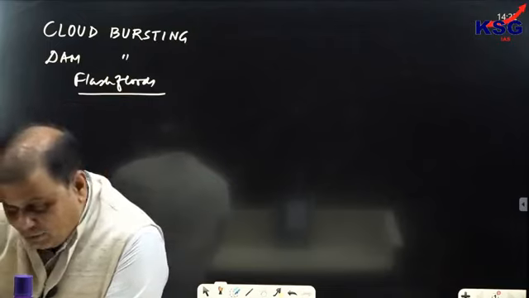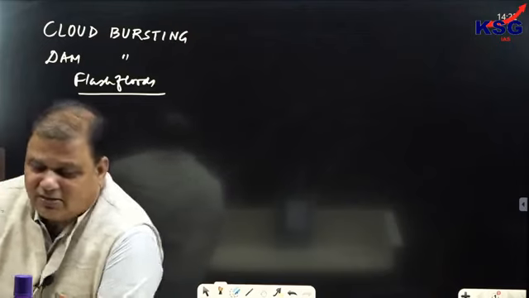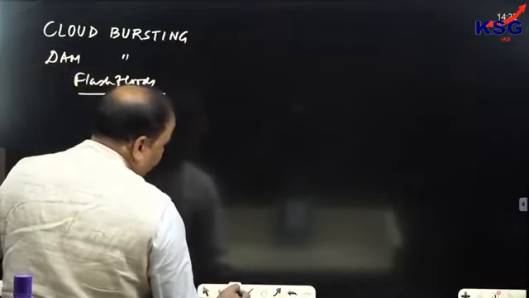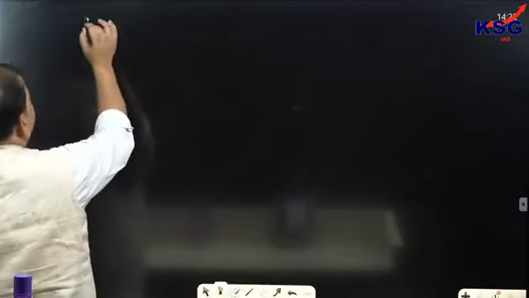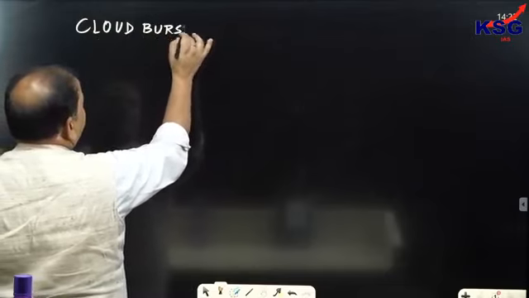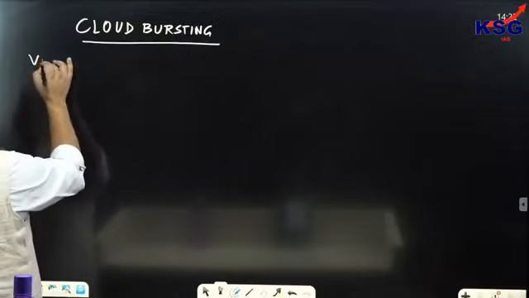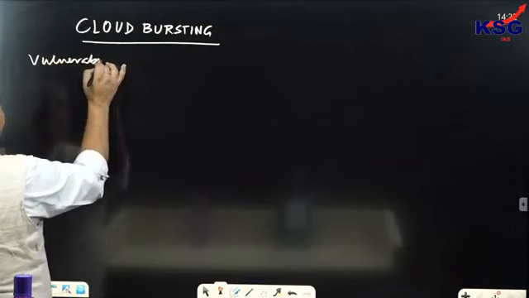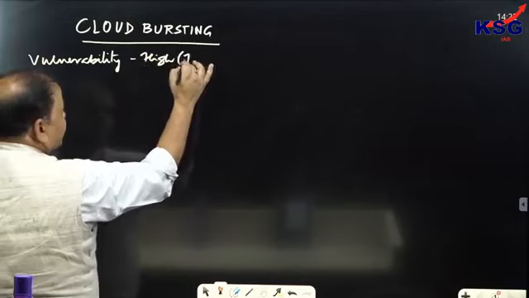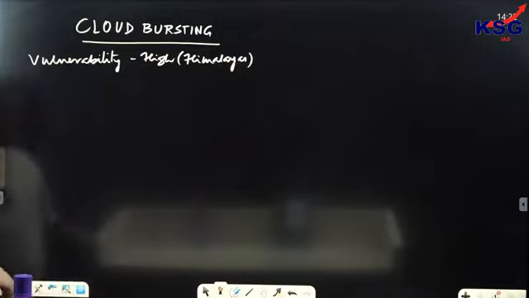Now, as far as cloud bursting is concerned, the most vulnerable area is the Himalayas. Clear? If we talk about cloud bursting, we can see that the vulnerability is very high for the Himalayas.